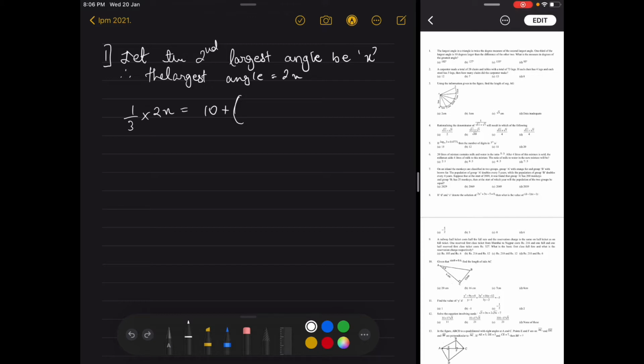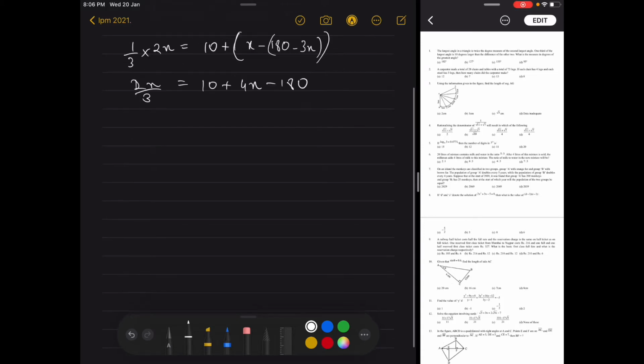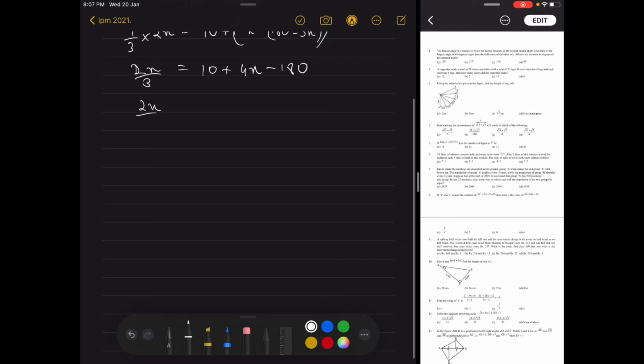Okay, so let's do it here. x minus (180 minus 3x). Therefore 2x by 3 is equal to 10 plus x minus 180 plus 3x, which equals 4x minus 180, obviously, right? So 2x by 3 would be equal to 4x minus 170.